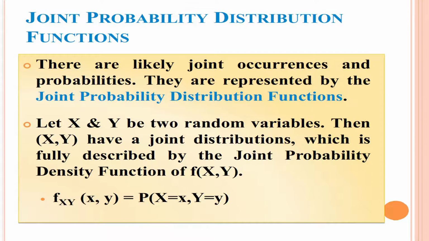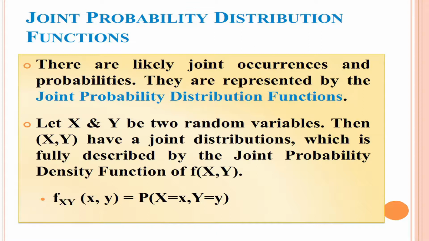Let x and y be two random variables. Then x, y have joint distributions which are fully described by the joint probability density function of x and y. This is denoted by f of x, y.